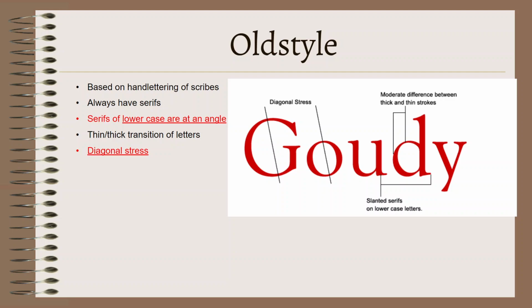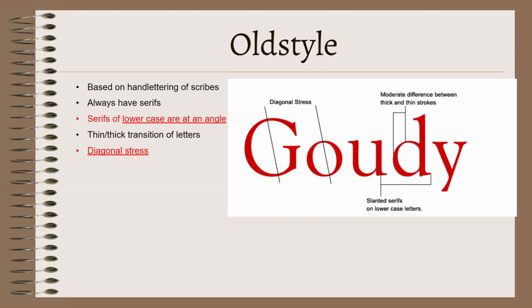Now the angle might be angling to the left or it might be angling to the right, but it's not going straight up and down like a modern font would. Okay, that's your big clue. If there is any angle, it's probably an old style font, because if it's going straight up and down, it's either modern or it's going to be a slab serif. Your diagonal stress, that is the dominant characteristic of an old style font.